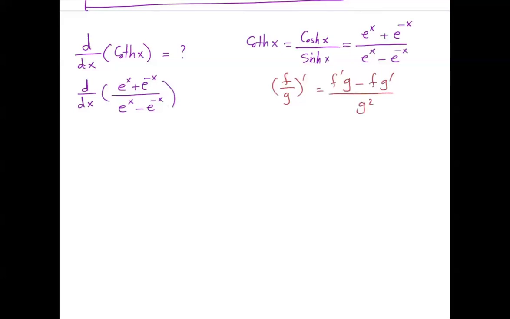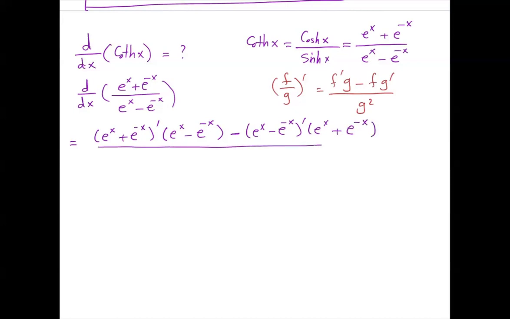So this can be written as the derivative of e to the x plus e to power minus x times e to the x minus e to power minus x, minus, don't forget the subtraction, the derivative of e to power x minus e to power minus x times e to the x plus e to power minus x, and all is divided by the denominator to the second power, e to the x minus e to power minus x to the second power.